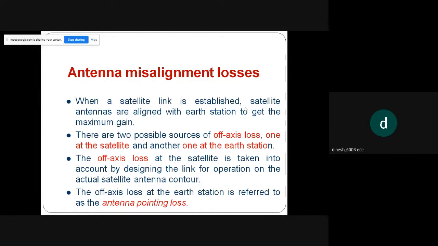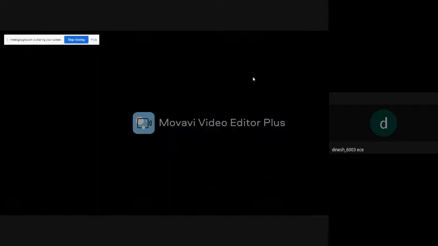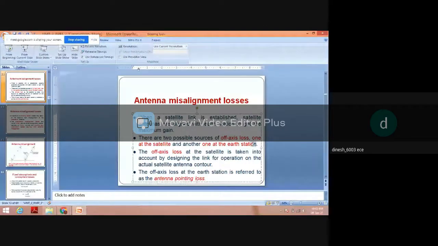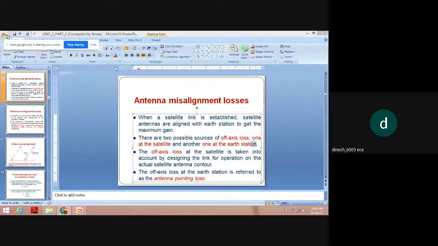So there could be two possible losses. One is off axis at the satellite, and another one is off axis at the earth station. So due to this, misalignment in antenna occurs. We will keep the antenna in one direction, but it may turn in another direction.